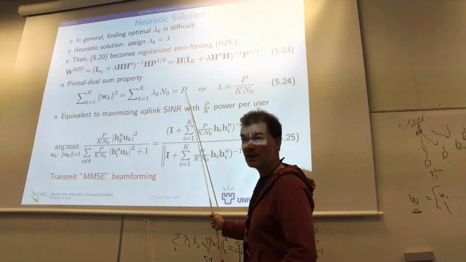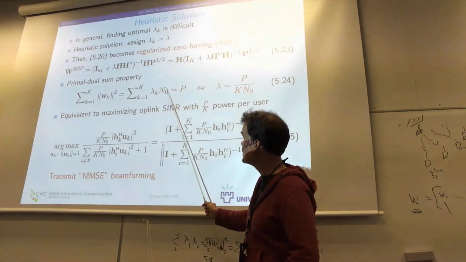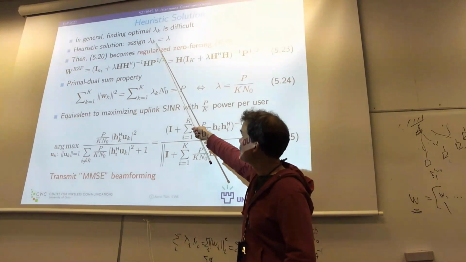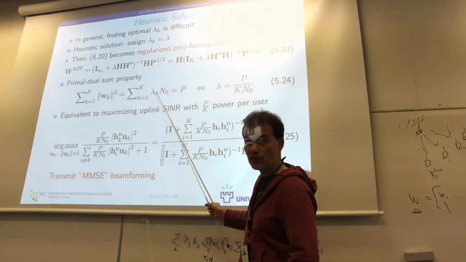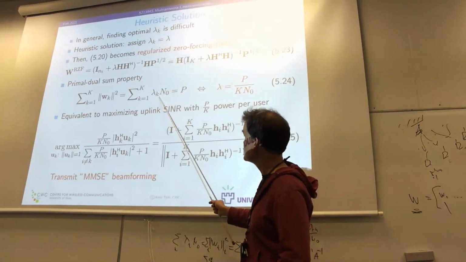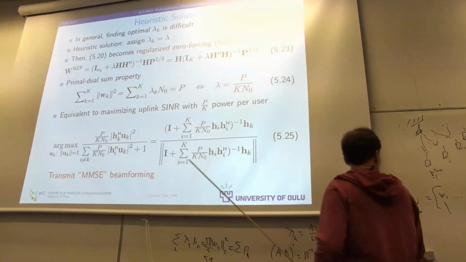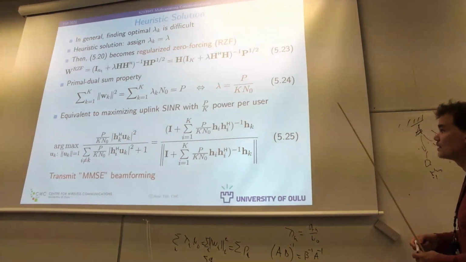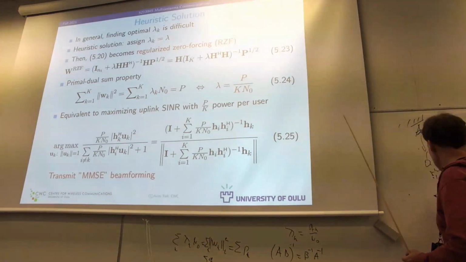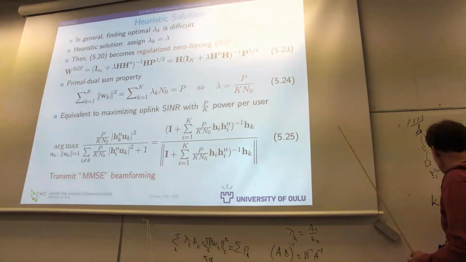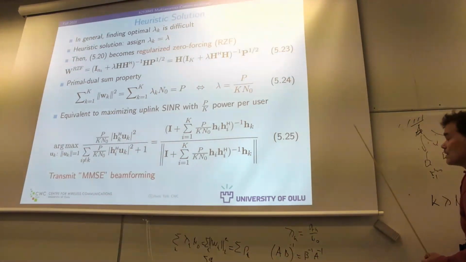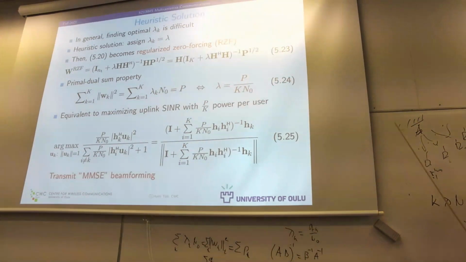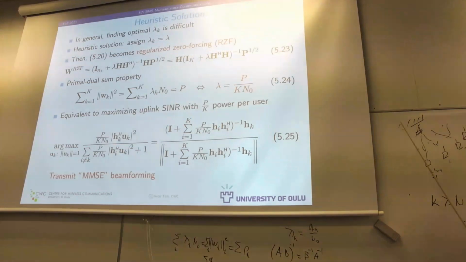So now if we fix P, fix N0, and fix all these lambdas to be equal, we can solve lambda from here. The lambdas are equal, then that leads to K times lambda N0 equals P, therefore the optimal lambda is N0 K over P.